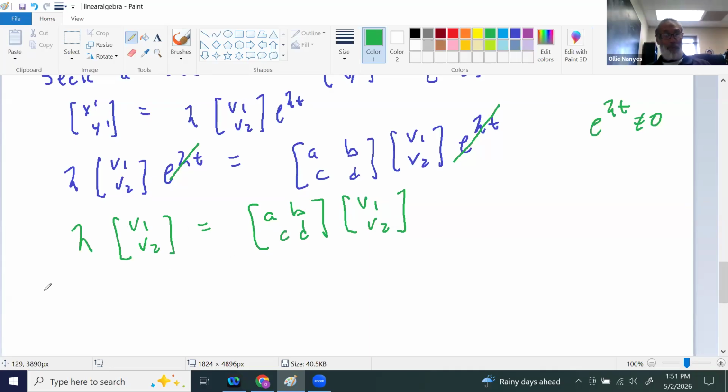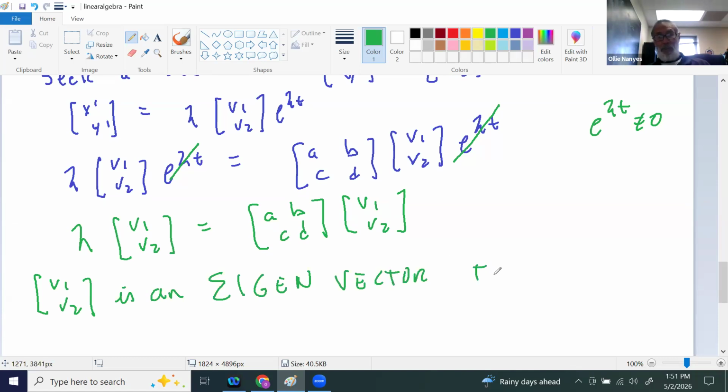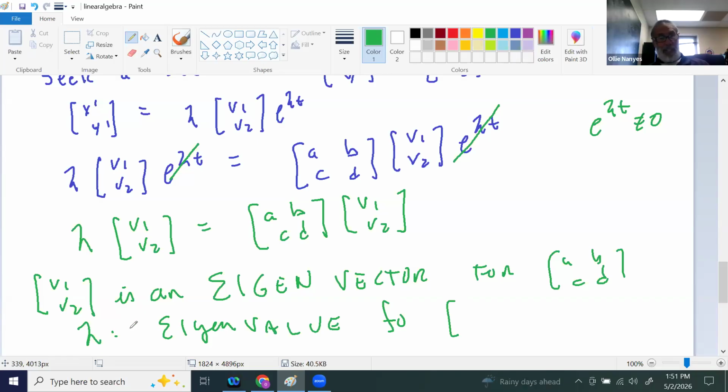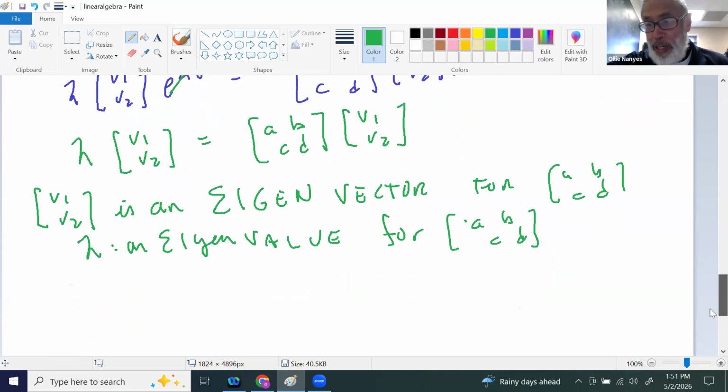And if this happens, we say that the vector v1, v2 is an eigenvector, which means self, for the matrix A, B, C, D. Matrix multiplication takes it to a multiple of itself, and the lambda is the eigenvalue for the matrix. Okay, so that's where the terminology comes from.